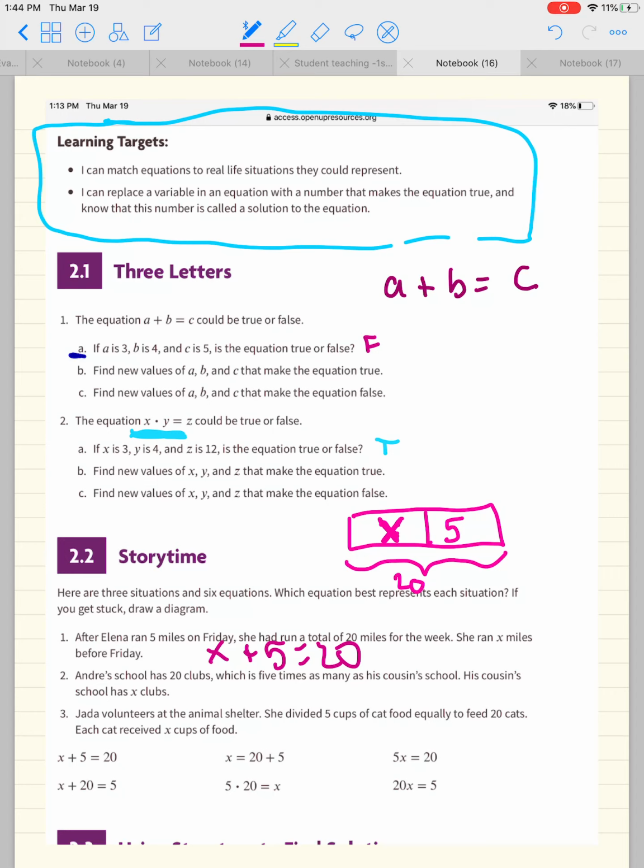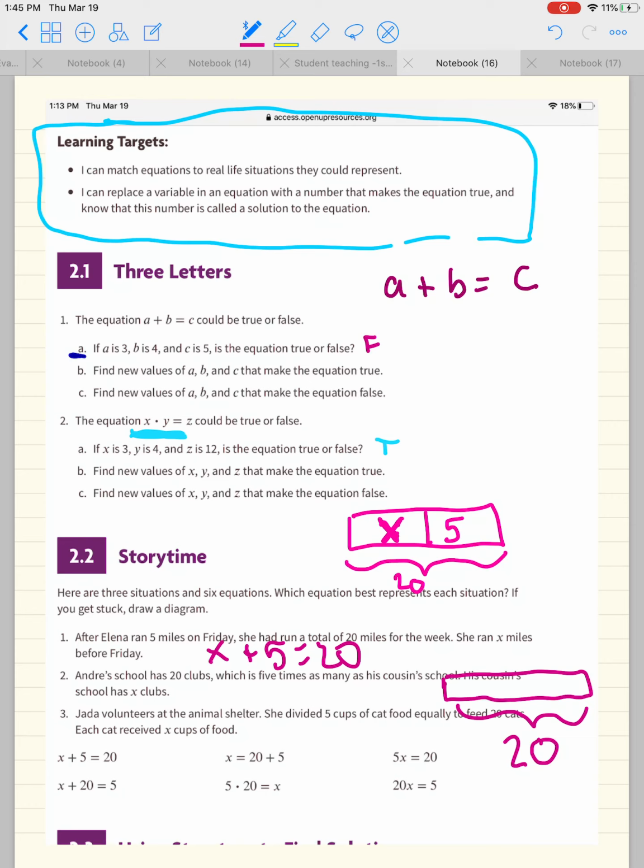So we know that Andre's school has a total of 20 clubs. So I'm going to go ahead and draw my tape diagram and write a 20 there because I know that's the total. Andre's school is 5 times as many as his cousin's school is.